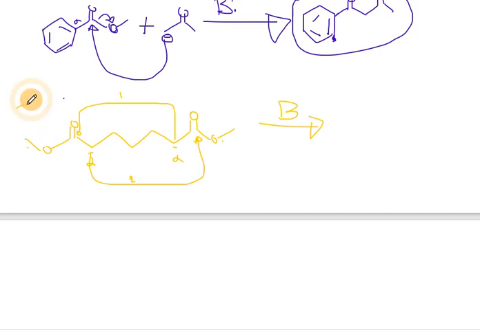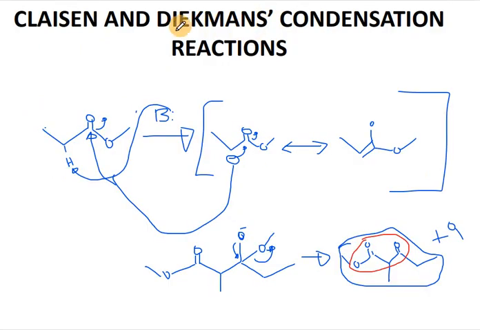This type of reaction, where two esters in the same compound undergo an intramolecular Claisen condensation, is what we call a Dieckmann reaction. The Dieckmann reaction is an intramolecular Claisen condensation reaction.